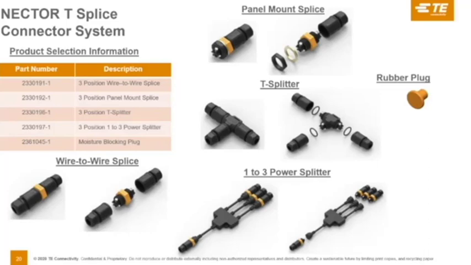There's only one purchase part number required for the customer, as well as the T splitter and also the wire-to-wire splice interconnect, and even the 1-to-3 power splitter. So we've taken the complexity out of the design, we've taken the complexity out of the assembly of the interconnect solution, and therefore we designed it for ease of use by you, the customer.